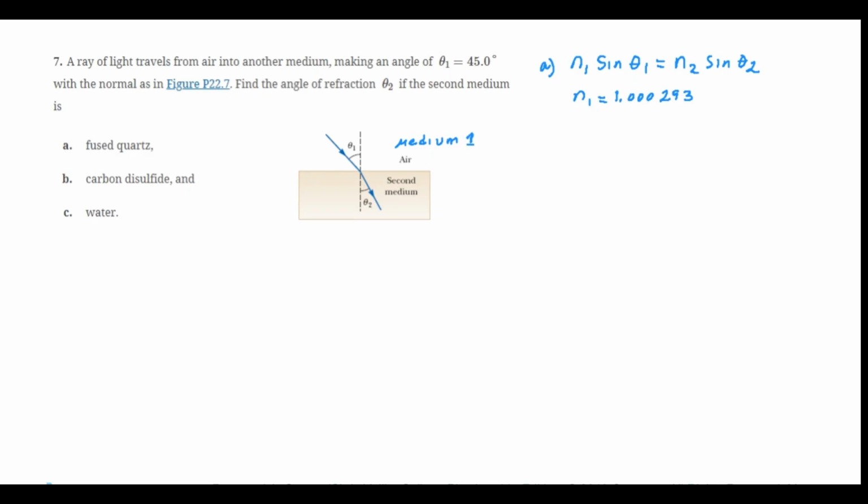For the fused quartz, we have medium 2. Based on the tables that I showed you previously during the lecture, the index of refraction is 1.458. This is for the fused quartz.